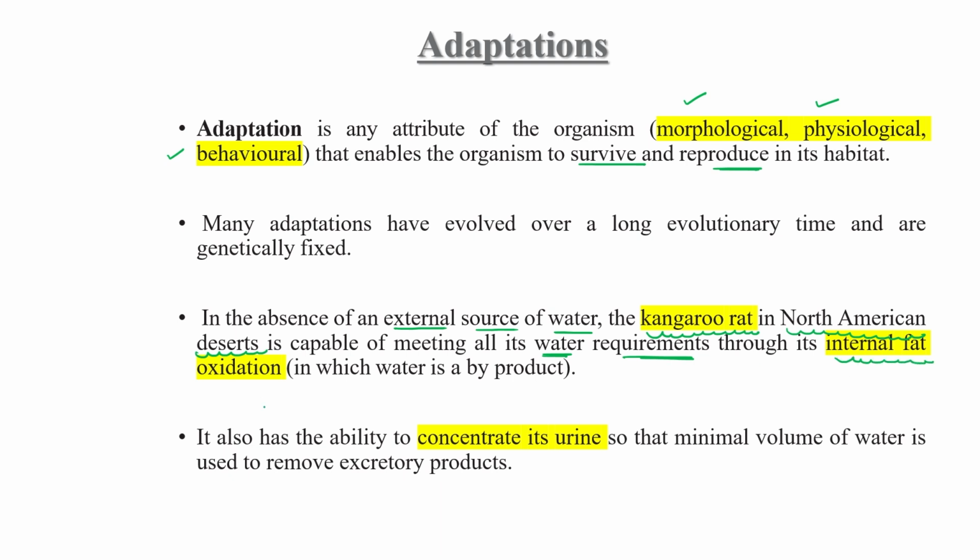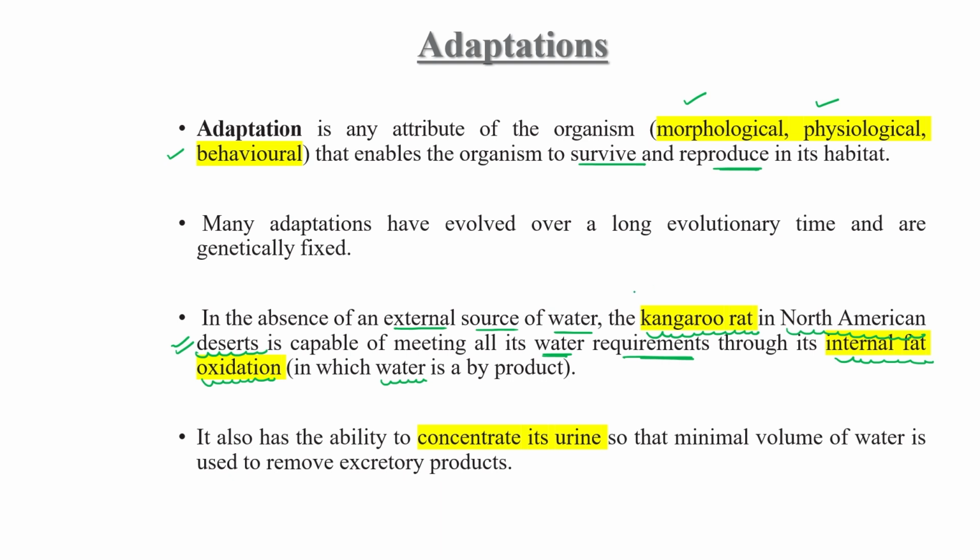As water is not available in the desert, to complete its water requirement for metabolic activity, it produces water inside its body through beta oxidation of fat, in which water is a byproduct, and further this byproduct is utilized by other metabolic reactions in its body.